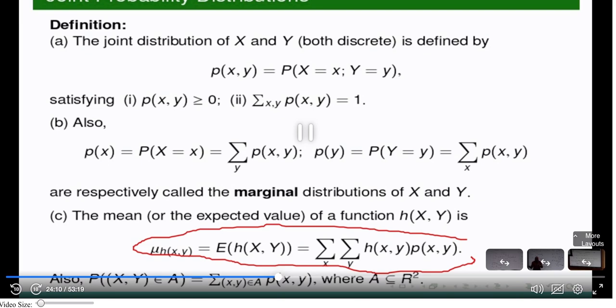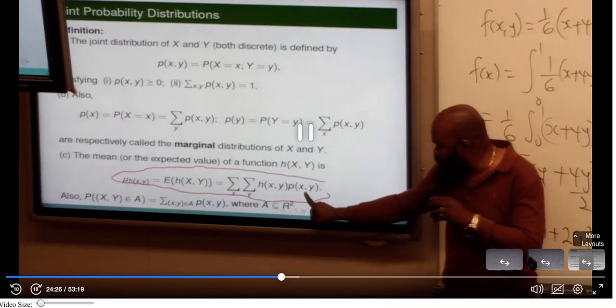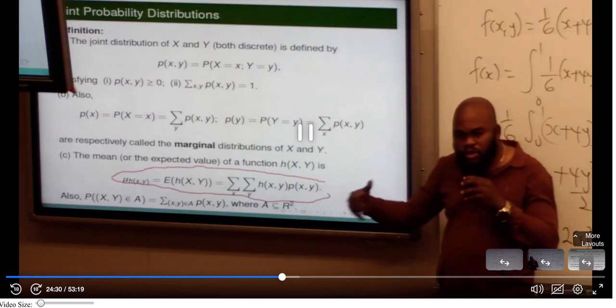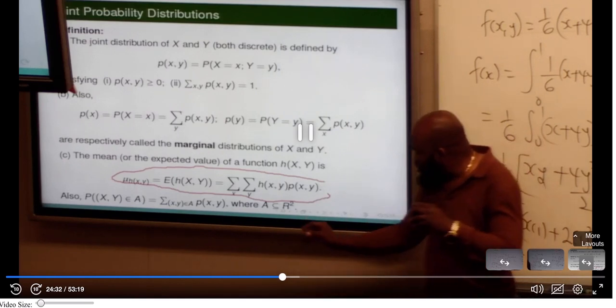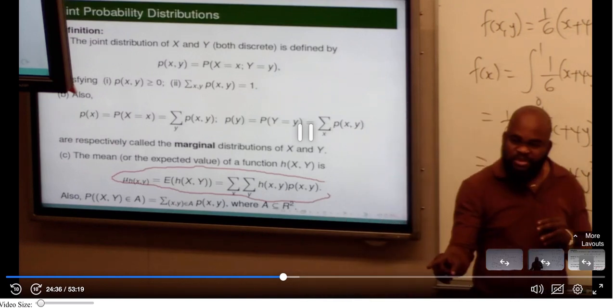A function of x and y could be whatever. This particular function here is not a probability function. Does that make sense? The x and y itself is going to have a probability function, which is this, p of x comma y, which we call the joint. But h of x, y is the random variable.